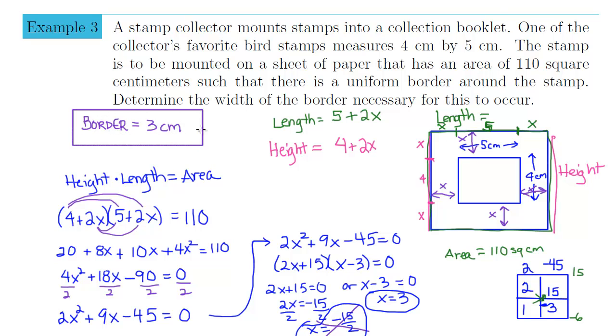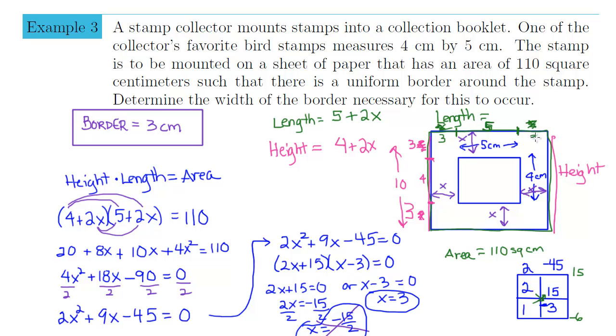How can we check to make sure that makes sense? Well, let's go back and look at our problem. If our height is 4 plus x, that would mean this would have to be 3, right? And this would have to be 3, and so that means this height would be 3 plus 4 plus 3, or 10. So that would tell me that this height here of this outer rectangle would be 10. And it would tell me that the length is x, which we just said was 3.